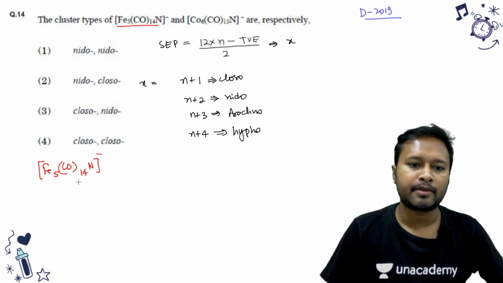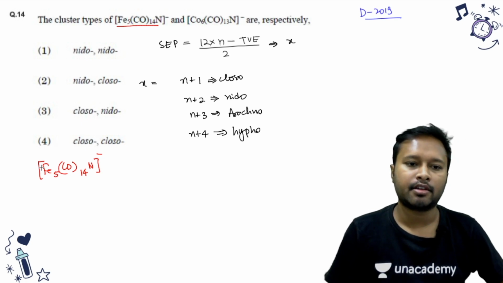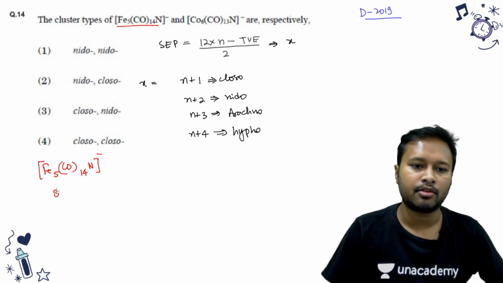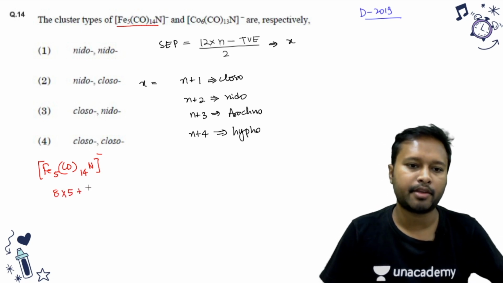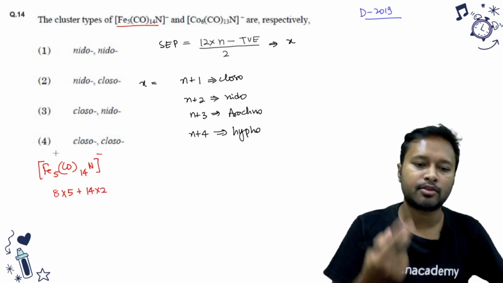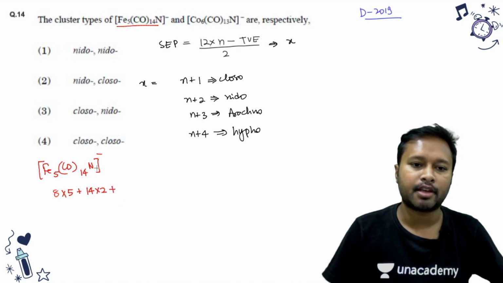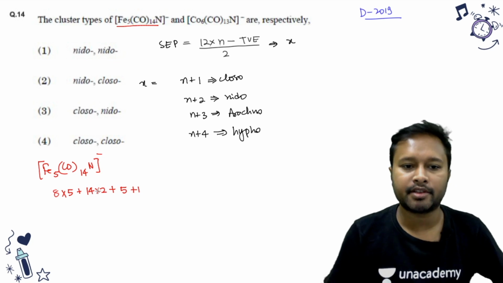One iron has 8 valence electrons, so 8 multiplied by 5, plus 14 into 2, because each carbonyl donates 2 electrons, plus 5 electrons from nitrogen, plus 1 for the charge.